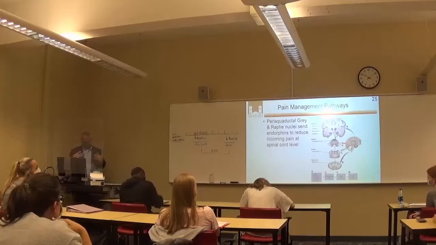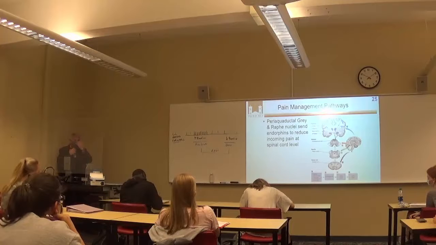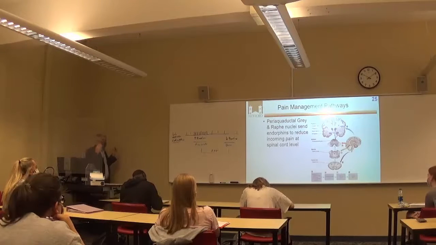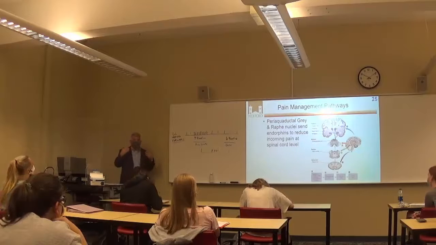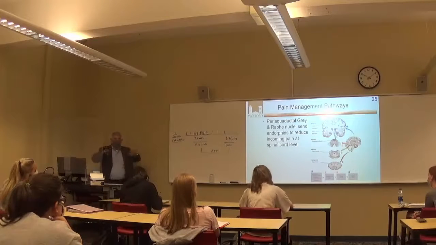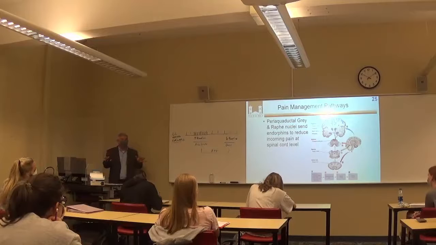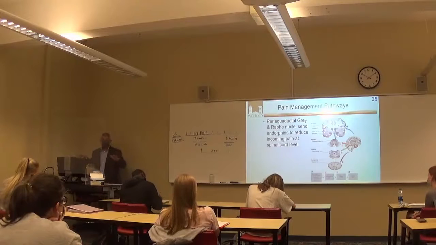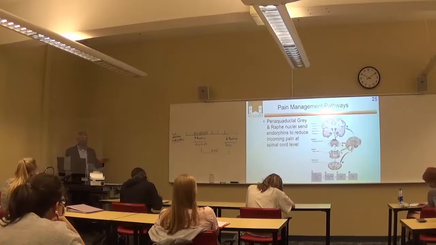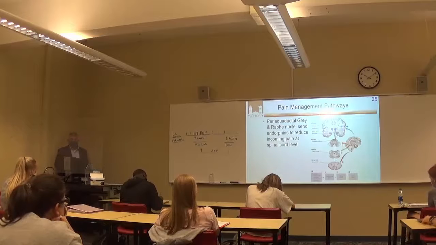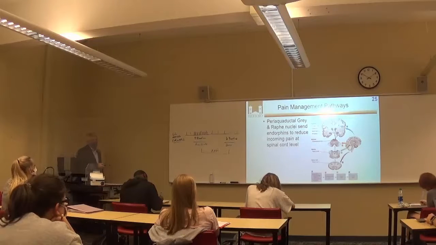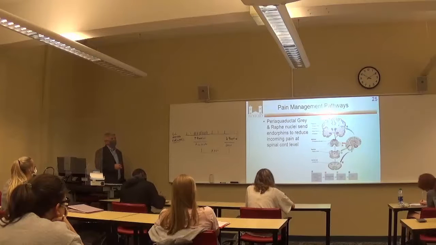We have a natural pain management system through endorphins that once pain is detected by the brain, we want to be able to turn down the pain signal, reduce it so that we can deal with fixing whatever is hurt, right? And so there are two areas called the periaqueductal gray, which sometimes I'll abbreviate PAG.